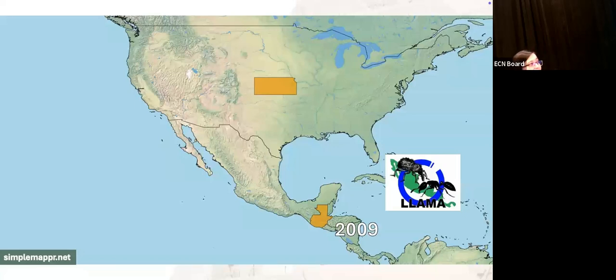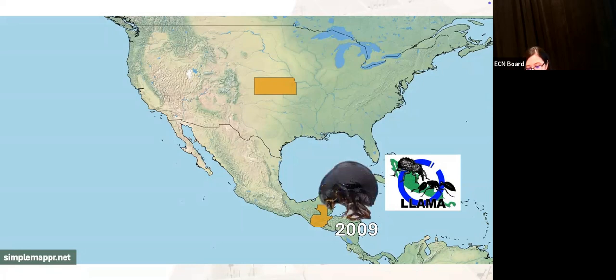So just to finish, I want to share with you this very nice experience that I had during this work. A long time ago, in 2009, I participated in this fantastic project called the Llama Project. Probably many of you have worked with these specimens. And this little guy was collected there in Guatemala in 2009. I was part of the team that was collecting there.